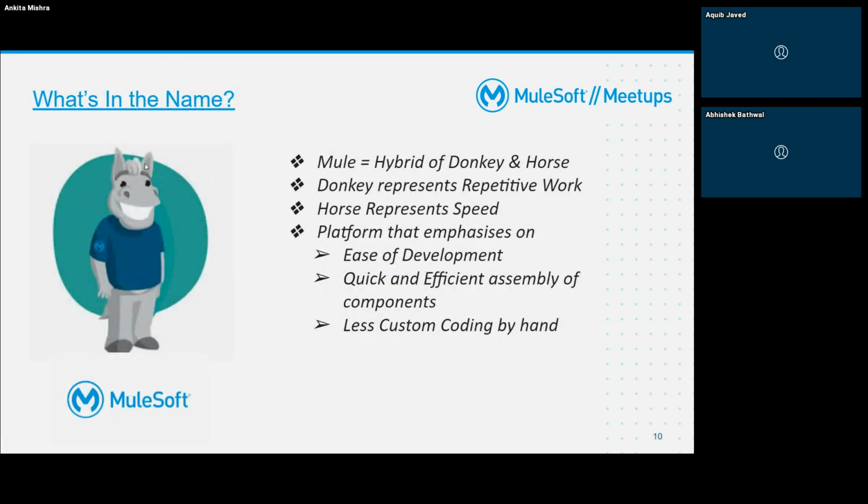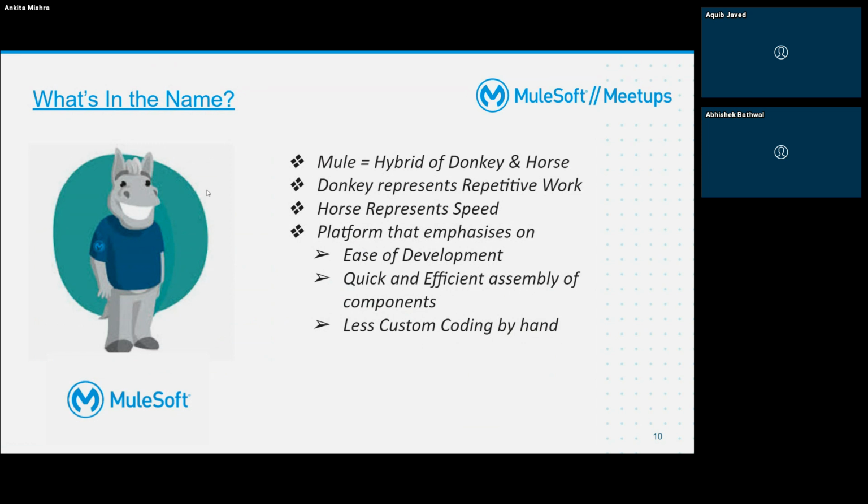Now, what's in the name? Where do we get this name from? MuleSoft is derived from the word mule, which is a hybrid of a donkey and a horse. Here, the donkey represents repetitive work, the tasks that we have to do repetitively, and the horse represents speed. The idea here was that as developers, we are innovative people, right?